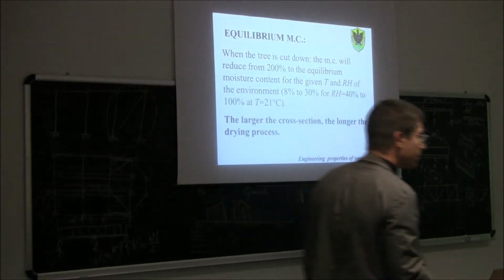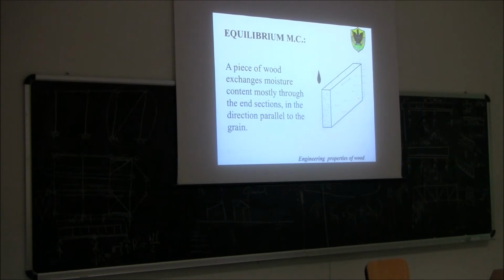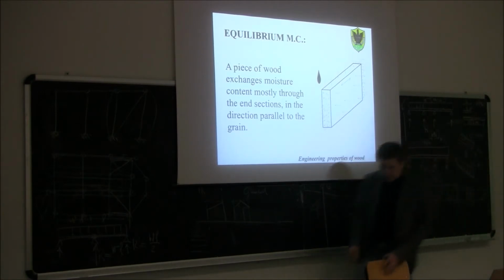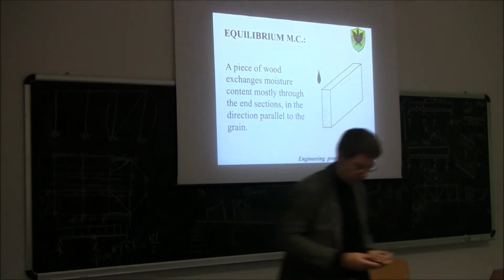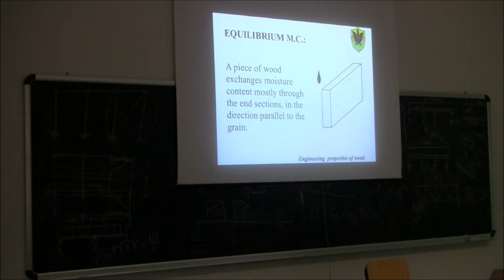Sorry, can you come back to the other slide? How do you know which is the direction parallel to the grain? Let's have a look. It's quite obvious once you look at wood. In the end section you also see the growth rings, this way or maybe this way. In the other way, you see it this way.